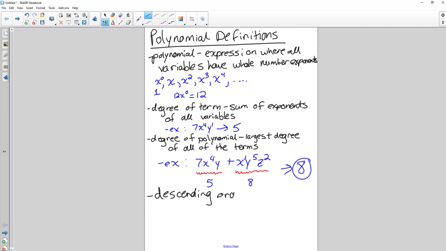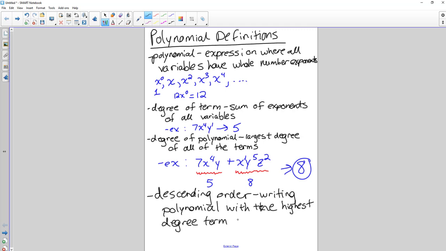Descending order means writing the polynomial with the highest degree term first, down to the lowest.